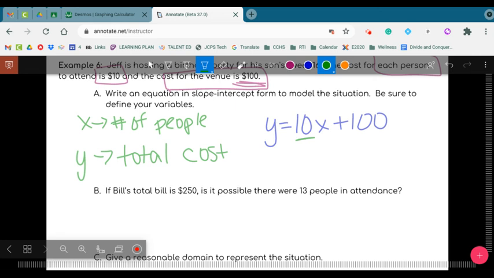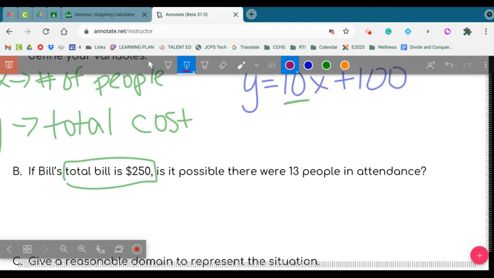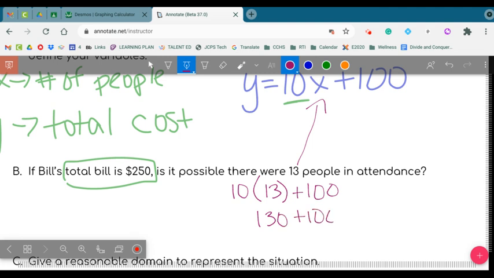Next, it says if Bill's total bill is $250, is it possible there are 13 people? If you guys remember, you can do this 2 different ways. You can plug in 13 for x or plug in 250 for y. Let's do 13 for x. So we're going to do 10 times 13 plus 100. 10 times 13 is 130, plus 100.